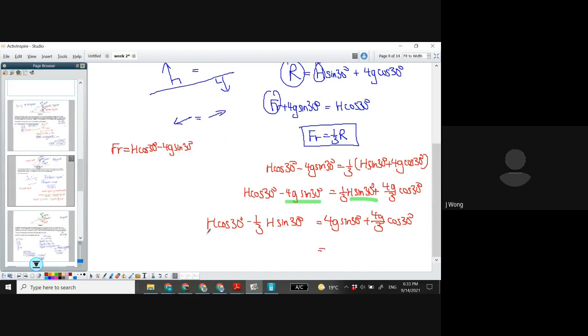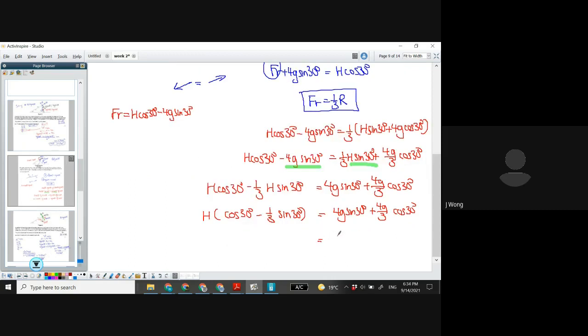Now, just factor out the h. You'll have cos 30 degrees minus a third sine 30 degrees. The same thing on the right-hand side. And then now just divide through by cos 30 degrees take away a third sine 30 degrees to finish it off. Okay? So that's a lot of algebra. So make sure that all the signs are correct and write down the steps as you go along, because otherwise you might get something wrong.